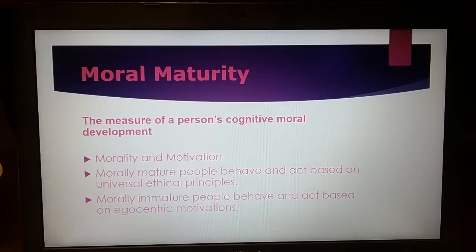And moral development plays a role in that, and also people's experience on the job. So, people who have moral maturity are interested in the greater good. People who are morally immature, generally speaking, are just interested in themselves.